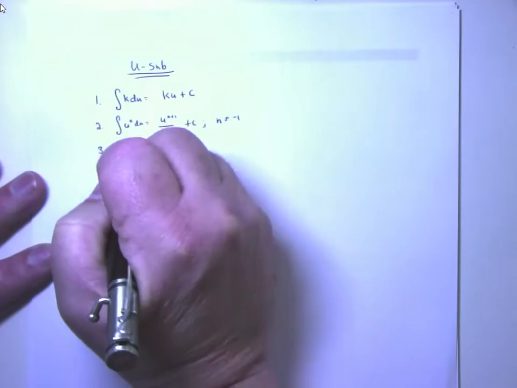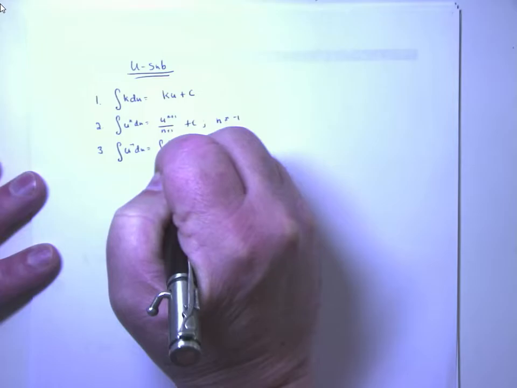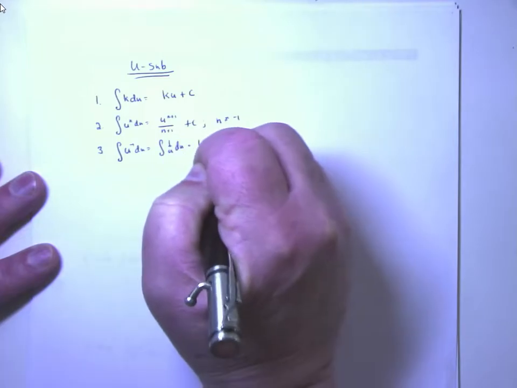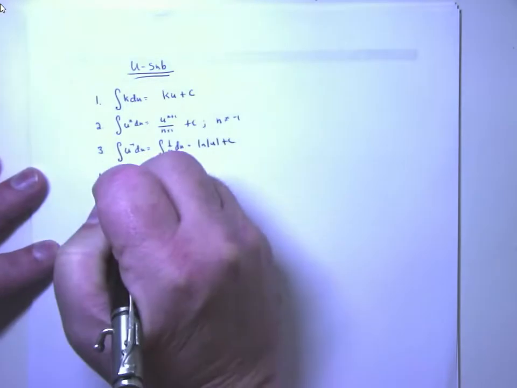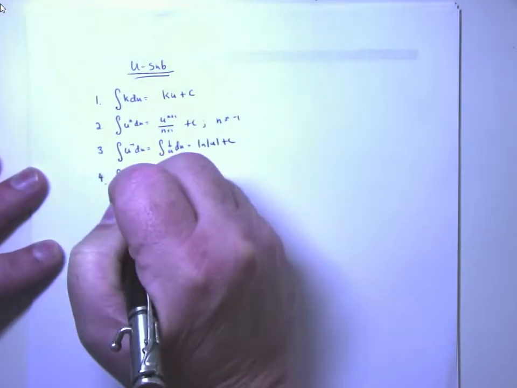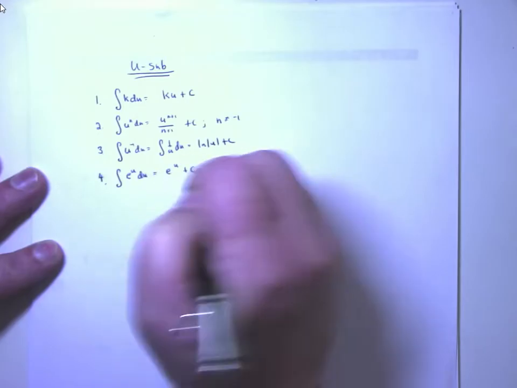Formula number 3, the integral of u to the negative 1 du, also known as the integral of 1 over u du, is equal to the natural log absolute value of u plus c. Rule number 4, the integral of e to the u du is equal to e to the u plus c.